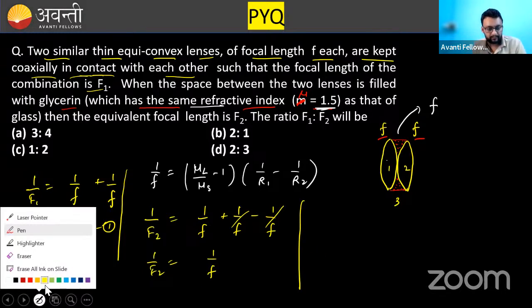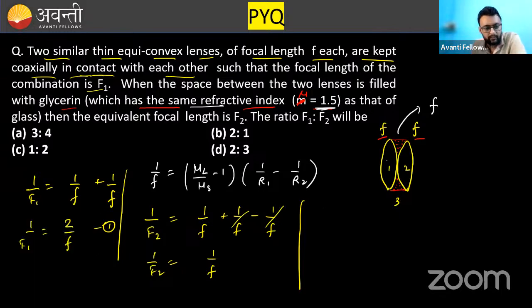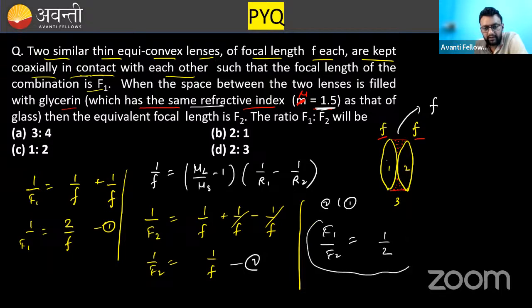If you calculate what is f1 by f2, this is equation number 2. If we do 2 by 1, then f1 by f2 will be 1:2. You can divide it.